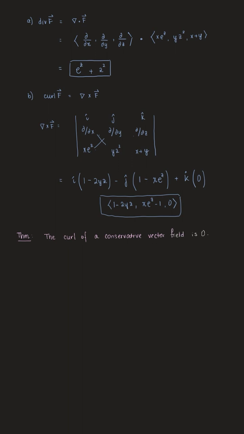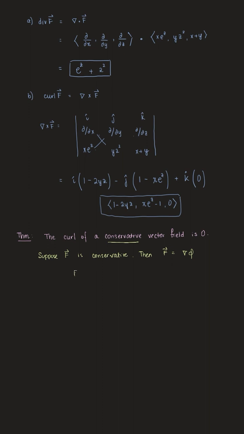So recall that if our field is conservative, so let's suppose that f is a conservative field, that means that it is the gradient of some potential function. So then we can express f as the gradient of some function phi, our potential function.